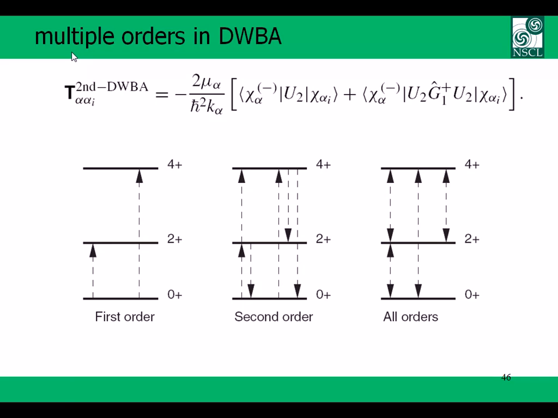Second order means you either excite and de-excite, or you excite in 2 steps. All orders would normally be represented by arrows in both directions, which means you've included all the terms. What Antonio will talk about tomorrow will be starting from the all-order approach, solving the full coupled problem, and then doing truncations, so the opposite direction.